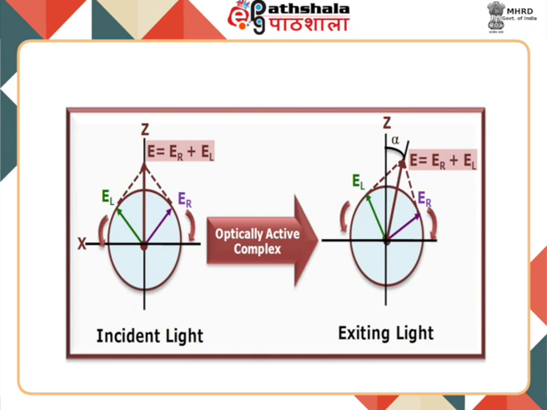An optically inactive substance will retard the speeds of the two circularly polarized components to the same extent and no net rotation can be observed. However, the speeds of the two circularly polarized components are retarded by an optically active substance to different extents, and this results in the rotation of the plane of polarization.